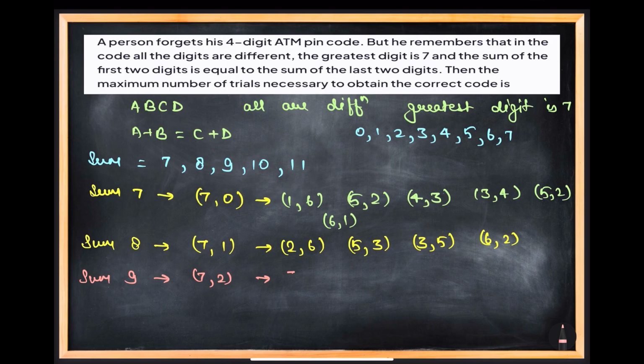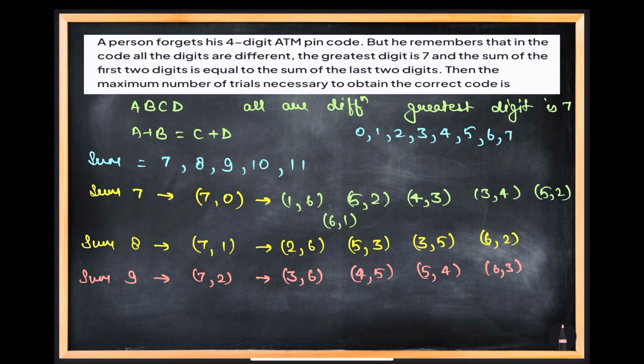So it is 3 and 6, 4 and 5. Okay, and then no other cases. So you also have to go with 5 and 4, and 6 and 3. So we got 4 more cases.